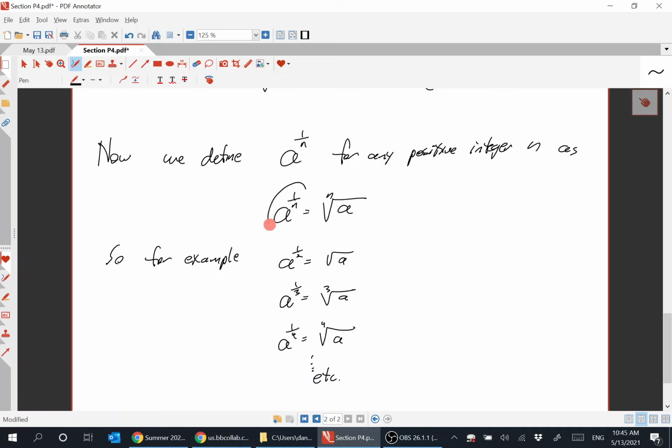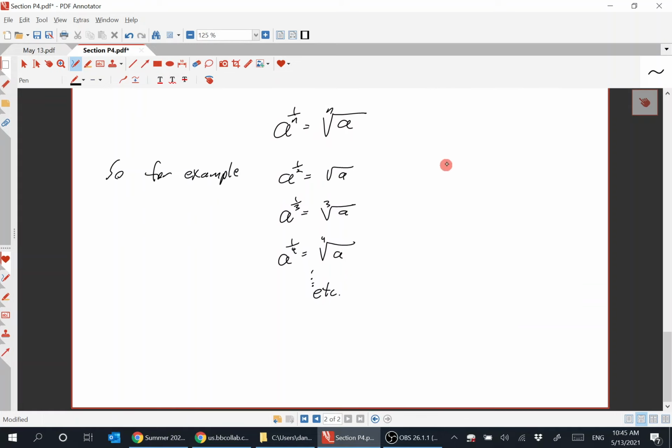Actually, this is the preferred notation. One does not use the radical notation too often, except for n equal to 2, the ordinary square root. One hardly ever uses the notation of the nth root of a.